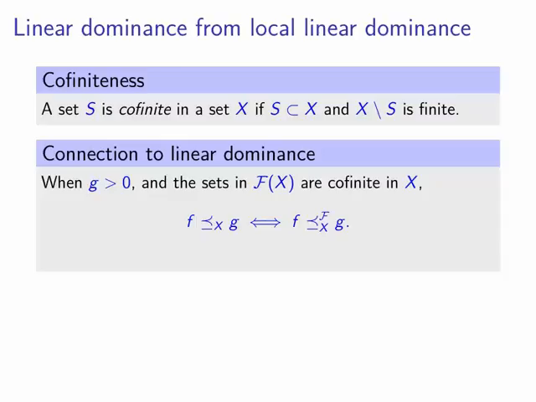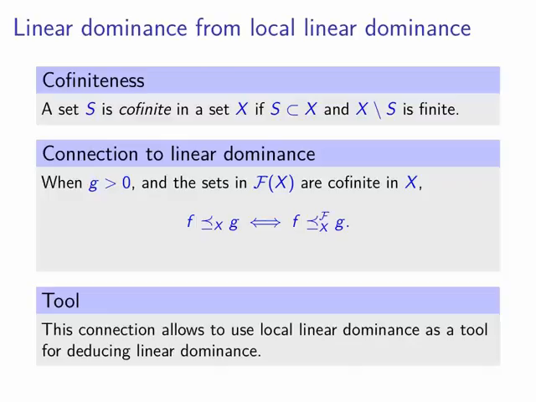When the cost function g is positive and the sets in the filter basis are cofinite, then linear dominance and local linear dominance are equivalent. This allows us to use local linear dominance as a tool for deducing linear dominance.